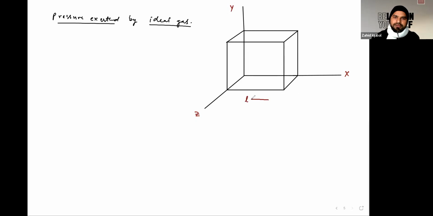A cubical vessel of side L. This particular vessel consists of n number of gaseous particles of identical mass. Let's say at any instant a particle of mass m is going along this direction, hits this particular wall and gets reflected back at the same velocity. Since this collision is elastic in nature, there will be no change in its speed or velocity magnitude.